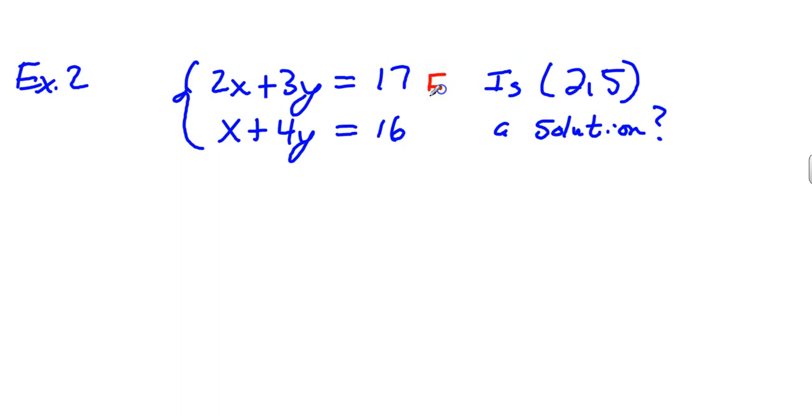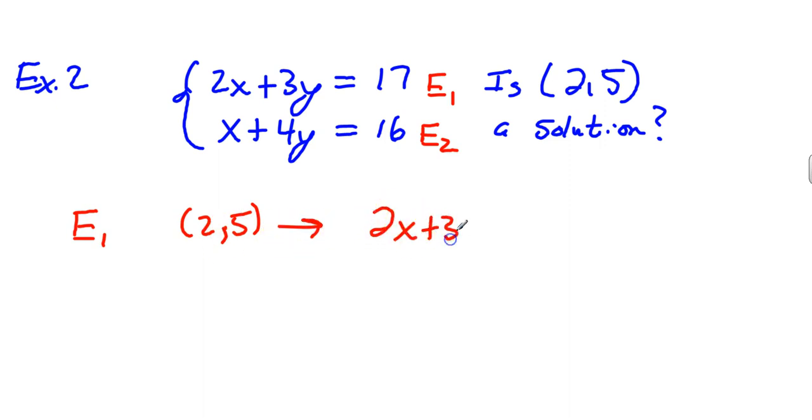Okay, and again, we'll call this equation 1 and equation 2. Taking equation 1, we're going to take 2, 5 and plug it into 2x plus 3y equals 17.